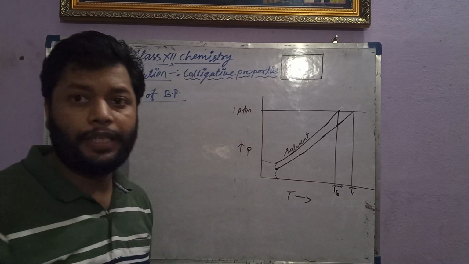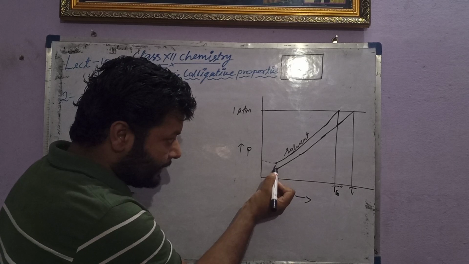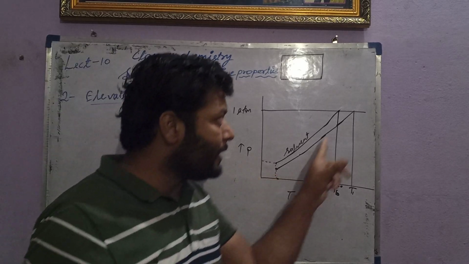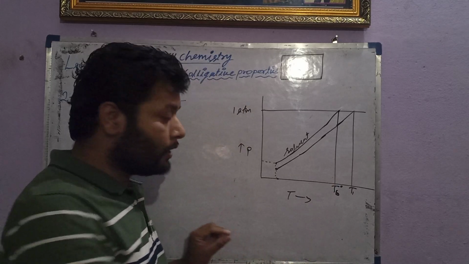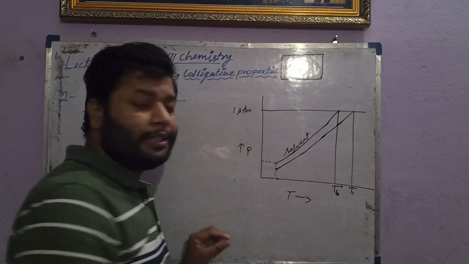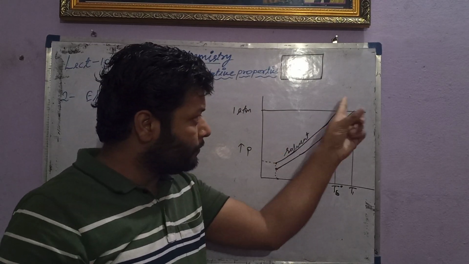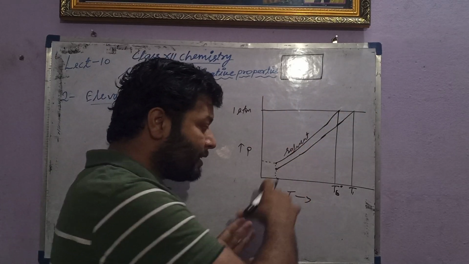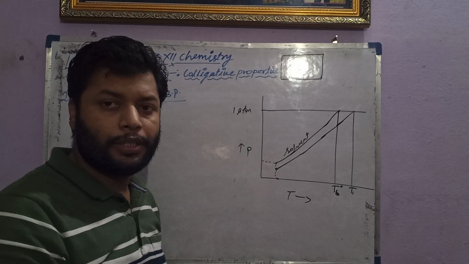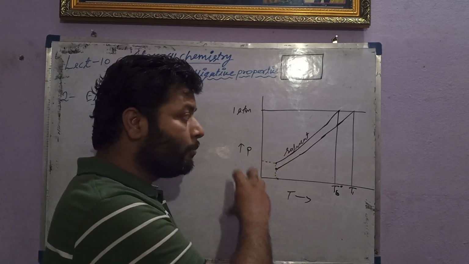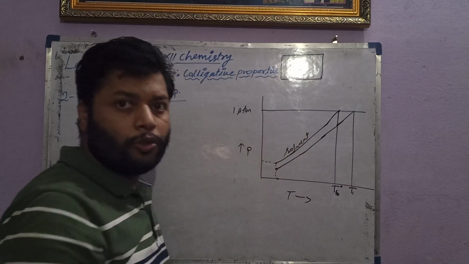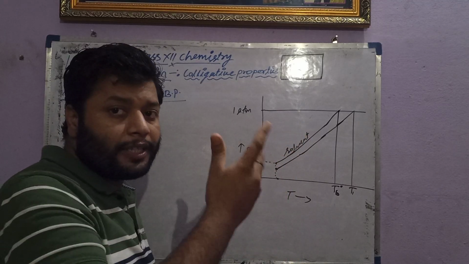So you can see when the vapor pressure decreases, the boiling point increases, because to equalize the vapor pressure with the atmospheric pressure, the liquid needs more temperature, to equalize with the outer atmosphere.